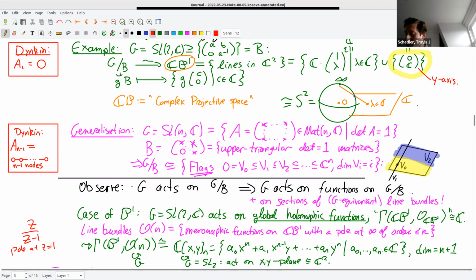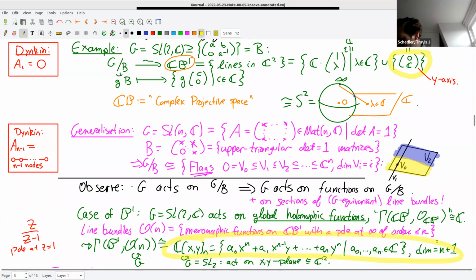But if we allow those functions as well, instead of just holomorphic ones, they're called meromorphic, then we get more functions. So now if we allow a pole of up to order n at infinity, we get, it turns out, an n plus 1 dimensional vector space, which you can think of as just degree n polynomials, whereas the constant functions were degree 0 polynomials.